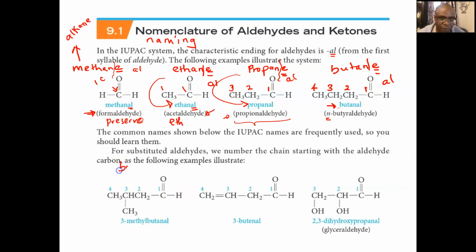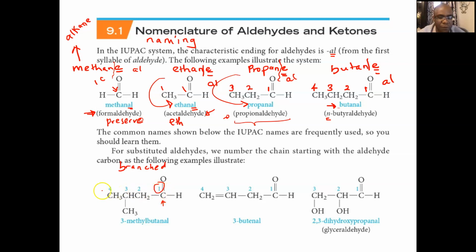For example, if the aldehyde is branched, like I said, prioritize the carbonyl of the aldehyde, whether it's on the left or right. Also do the same for the carbonyl of the ketone. Give that carbonyl carbon the lowest number possible.